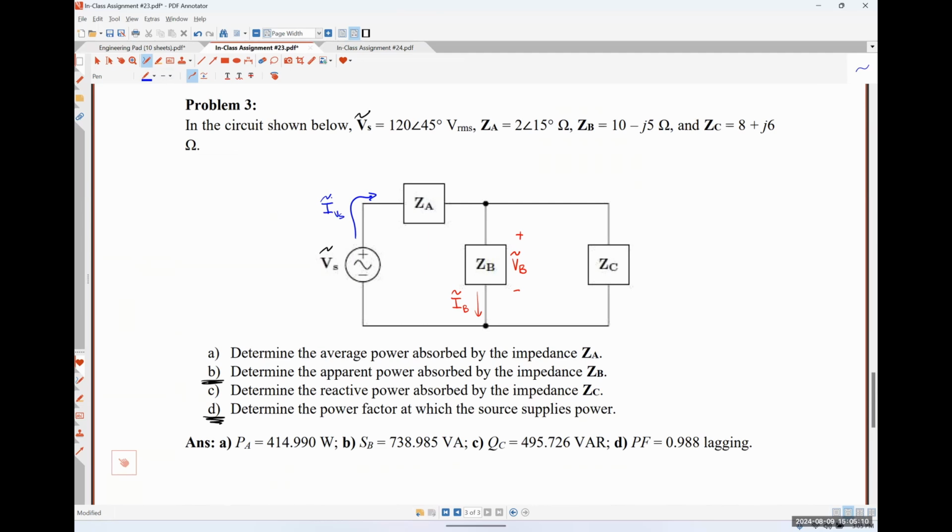Something about either the voltage or the current across impedance ZB, and then the current leaving the positive polarity terminal of the voltage source. So who can tell me a way to get either the voltage drop across ZB or the current flowing through IB?